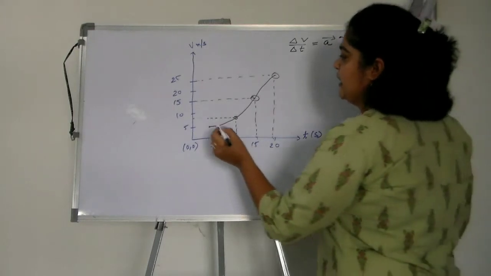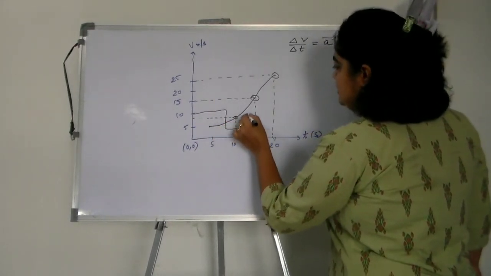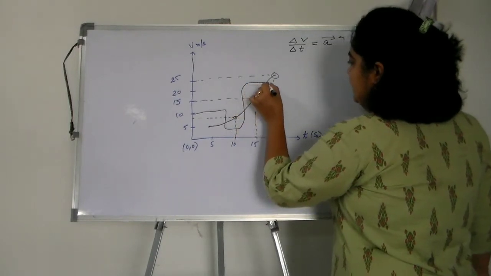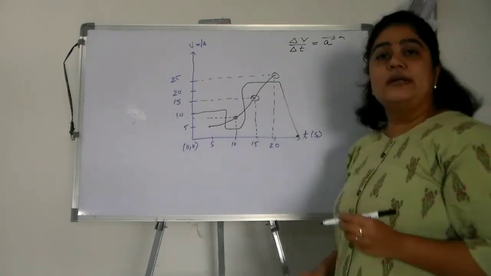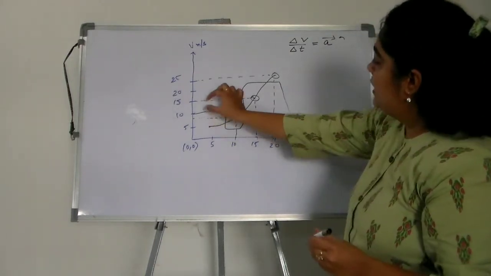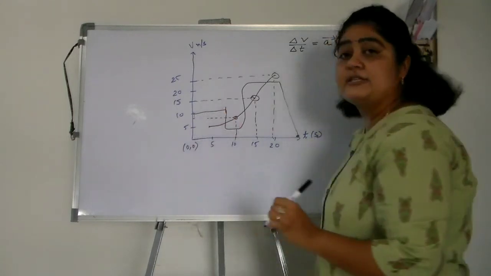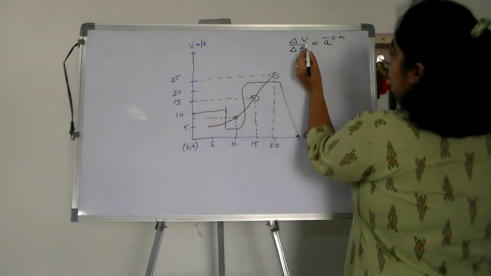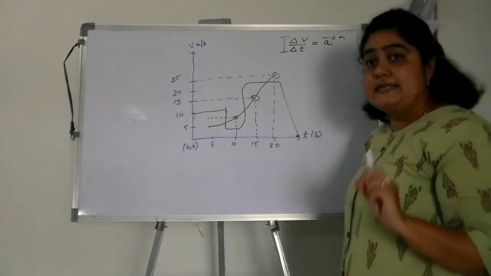You can also have some graph like this, where the velocity is changing and is again constant, and suddenly it is coming to rest. So this is also an accelerated motion. From here to here the velocity remains constant, so delta V by delta T is 0.